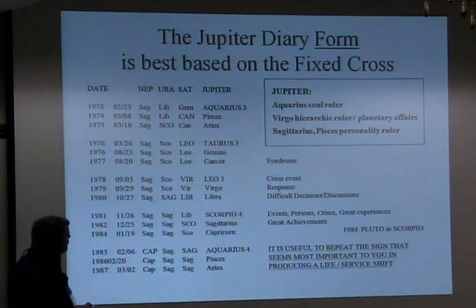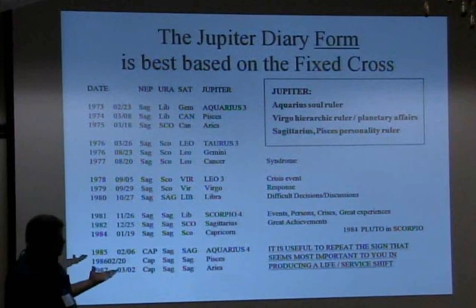So here you go. This person evidently was actually born with Jupiter in Libra or Virgo. We don't know which. But this is just a sample anyway. But that's how you would read it.